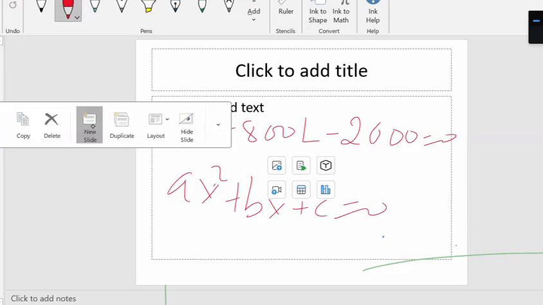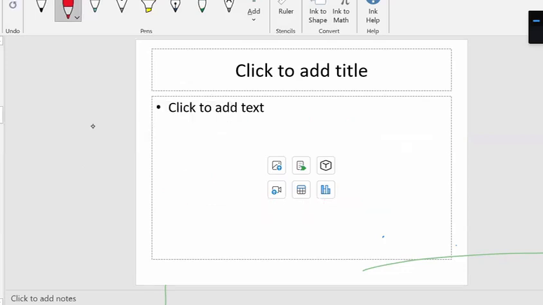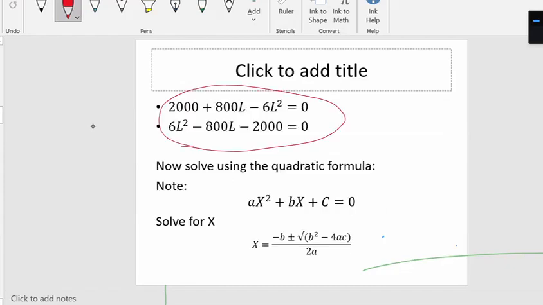X is equal to minus b plus or minus under root b square minus 4ac, all over 2a. Okay, this is the equation. So, if you have this kind of form, x represent what?